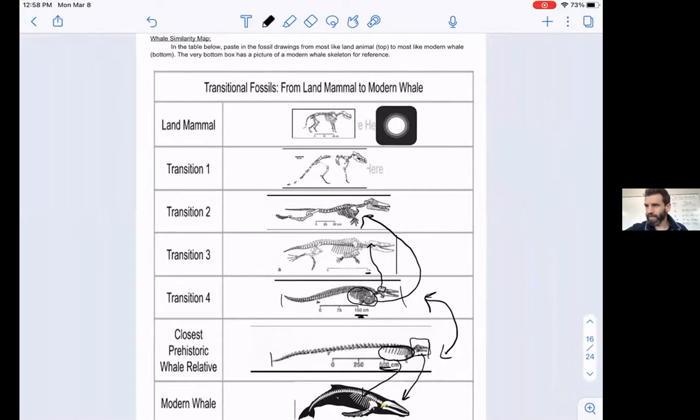And we talked about the skull shape, the rib cage, the legs moving more towards fin type appendages, as the hind legs almost disappear, all the way up to this modern whale. So we discussed a few of the features that led us to this conclusion, what we would predict would be the transition.